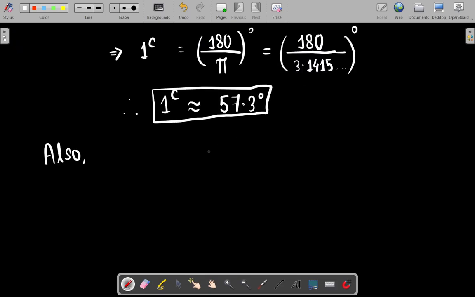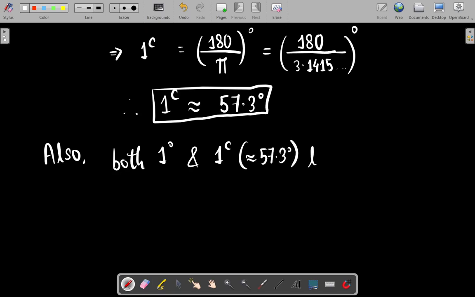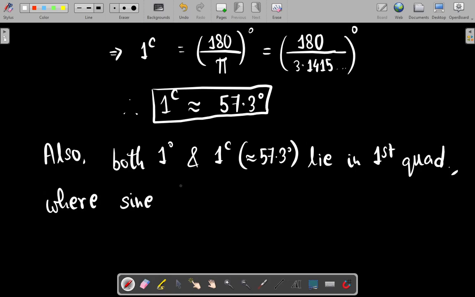Both 1 degree and 1 radian, which is basically 57.3 degrees, lie in the first quadrant, where the sine function is increasing.